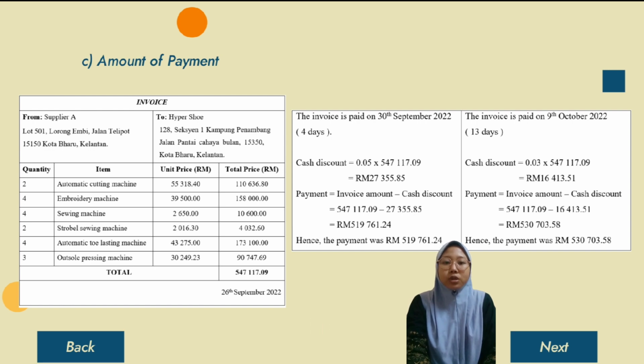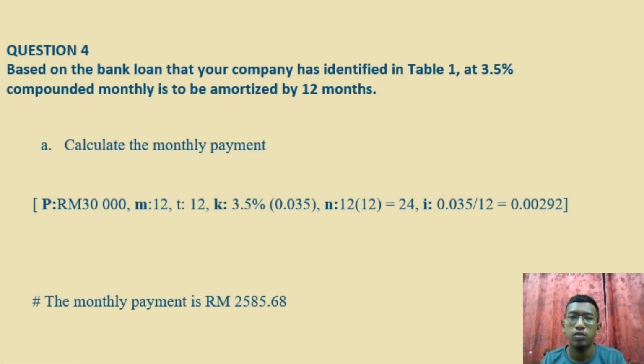If the invoice was paid on 30 September 2022, the payment was RM519,761.24. And if paid on 9 October 2022, the payment was RM530,703.58.